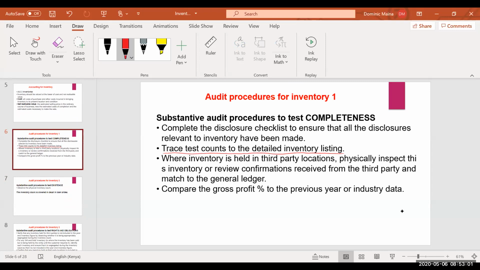We are trying to compare the gross profit margin for this year with the previous year. Essentially, there ought not to be too material a difference between the profit we are making this year versus last year.